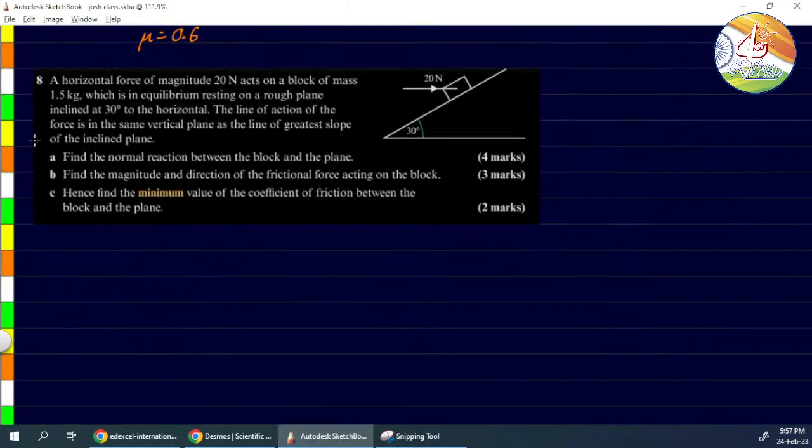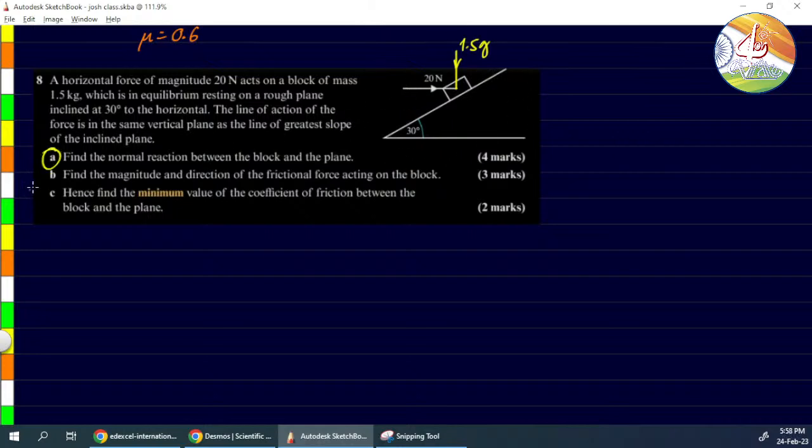How much is the weight of block? Weight of the block is 1.5 kgs, right? That means 1.5 g we have to take. G is 9.81. Now this is in equilibrium, resting on a rough plane inclined at 30 degrees to the horizontal. Line of action of the force is in the same vertical plane as the line of greatest slope. That means he is trying to tell us that all the forces are coplanar.